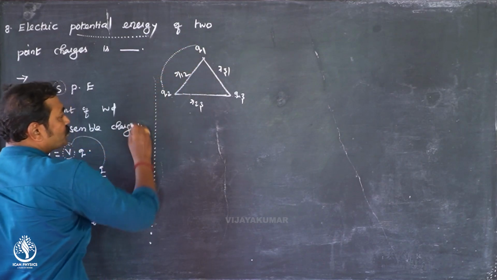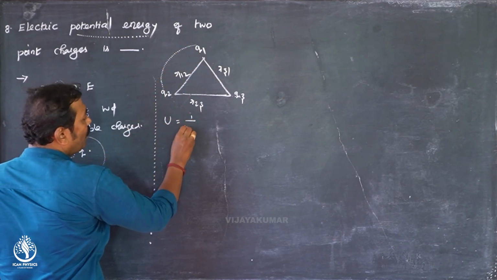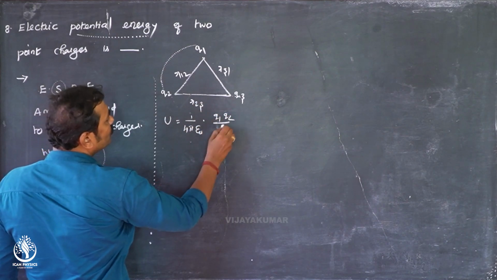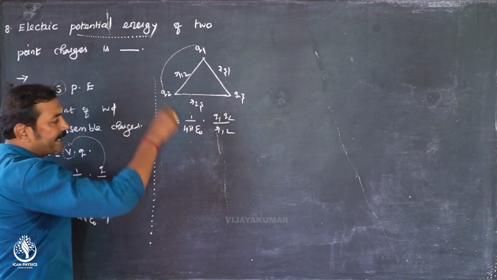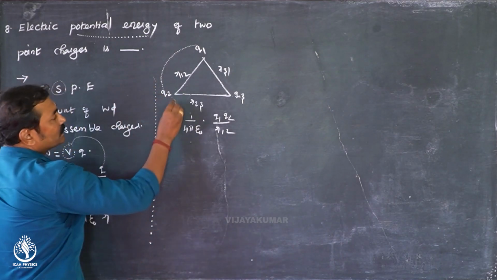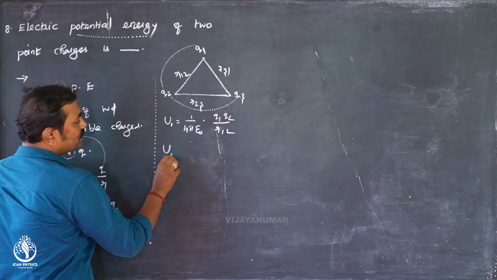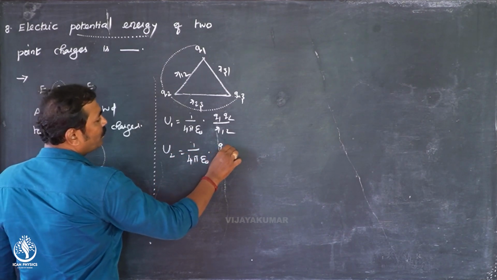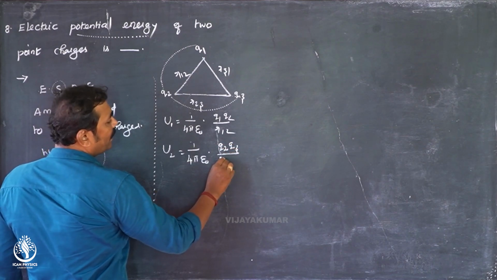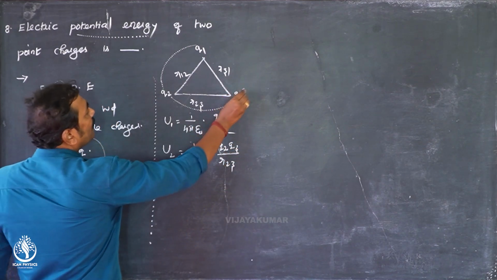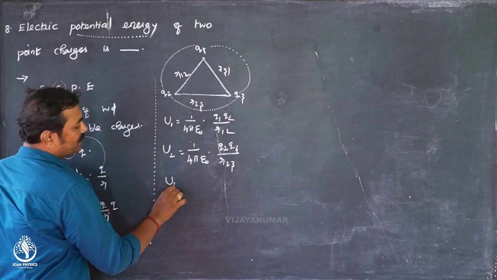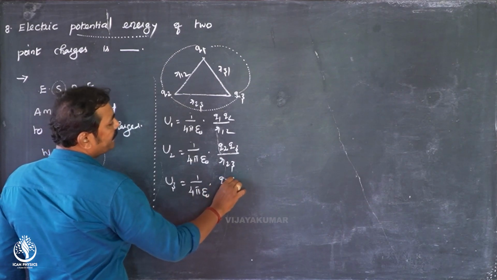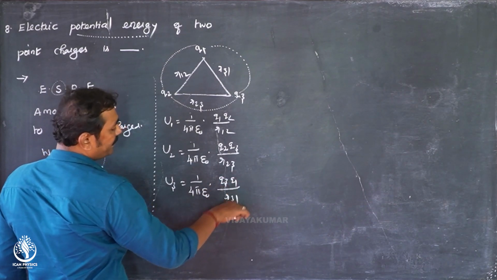To assemble the first two charges, epsilon 1 equals 1 by 4 pi epsilon 0 Q1 Q2 by R12. For the next two, epsilon 2 equals 1 by 4 pi epsilon 0 Q2 Q3 by R23. For the last two, epsilon 3 equals 1 by 4 pi epsilon 0 Q3 Q1 by R31.